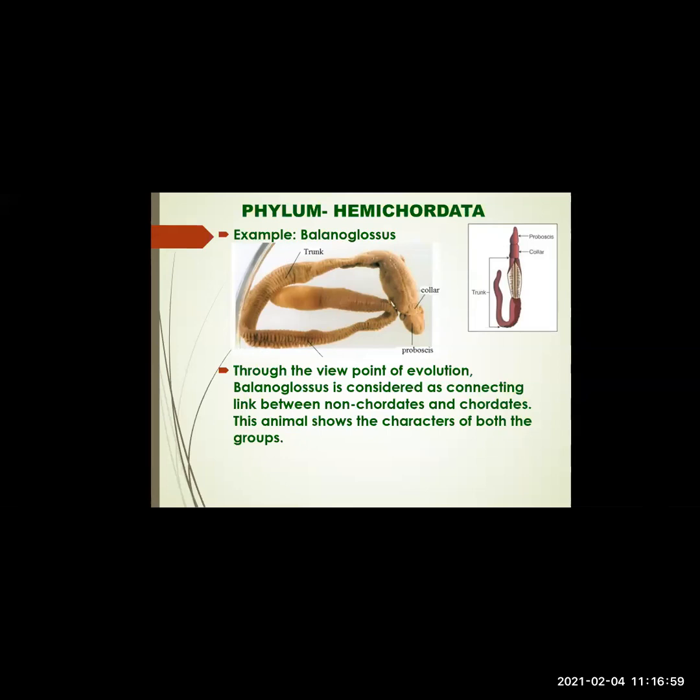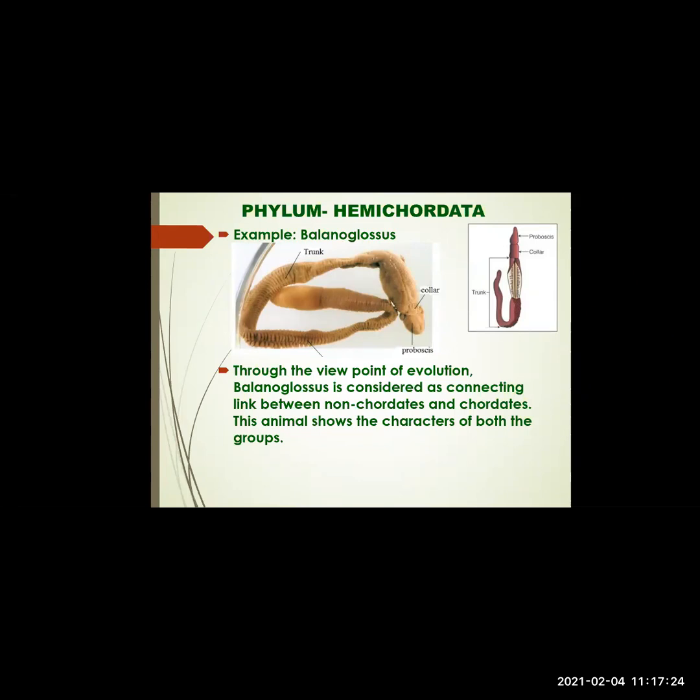Just quickly, I'll go through each one of them. First was phylum Porifera, also called sponges. I'm going to discuss the important characteristics. They bear numerous pores, called ostia and oscula.